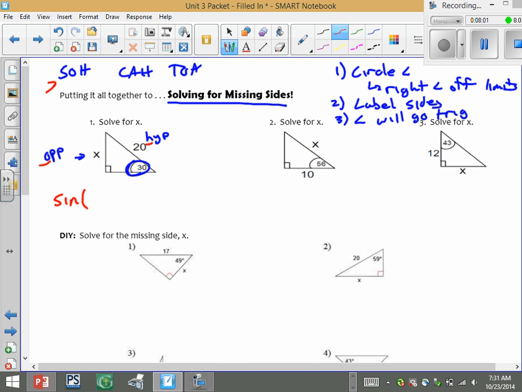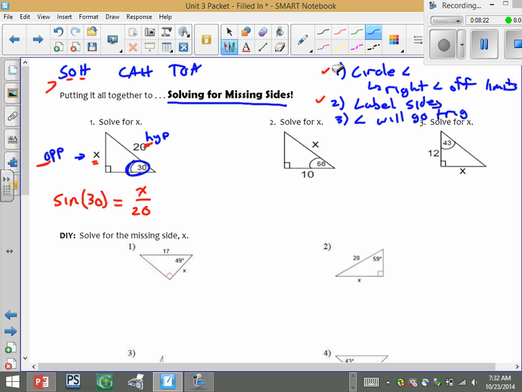We circled, we labeled the sides, and now the angle goes with the trig function. The angle is 30, so you put 30 in the parentheses. SOH tells us the right order, so O goes on top. O here happens to be x, and the H is 20.